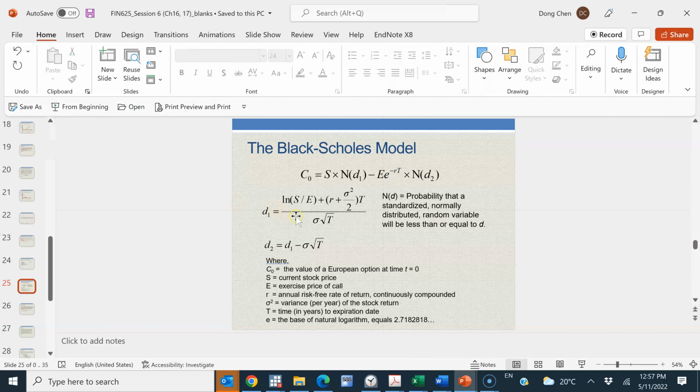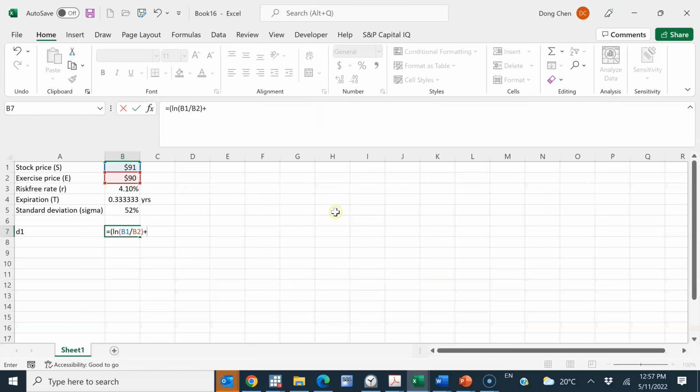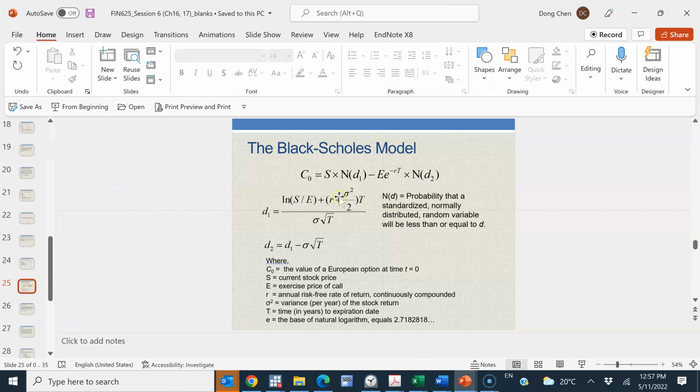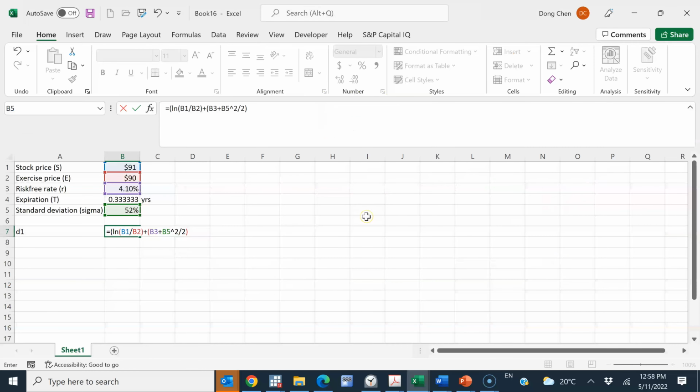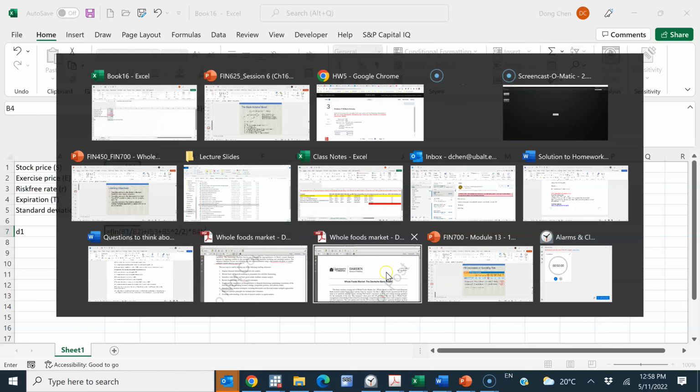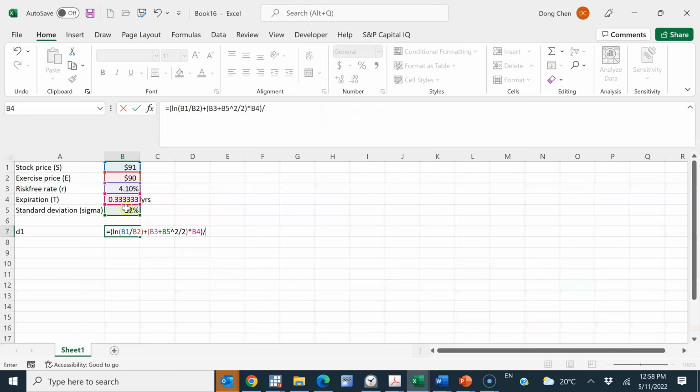And then sum, add this, and open that parenthesis, R plus sigma. Sigma is right here, standard deviation, square, and divided by 2, close this parenthesis. So far I'm here now, and then multiply by capital T. And close this, and then divided by sigma.